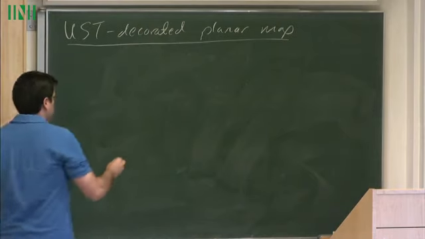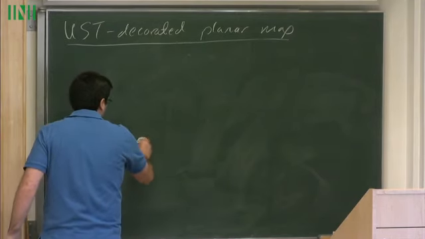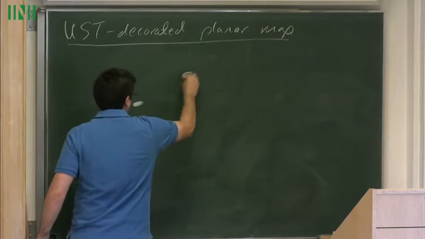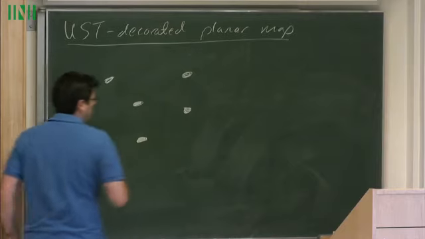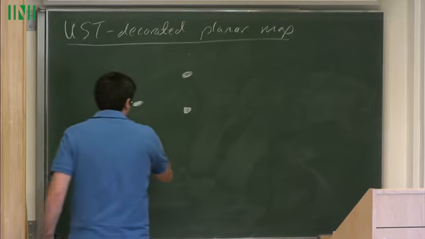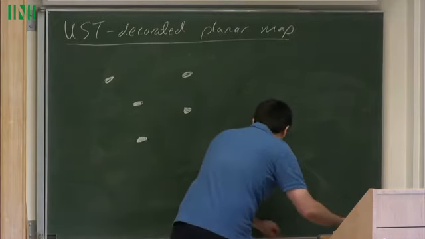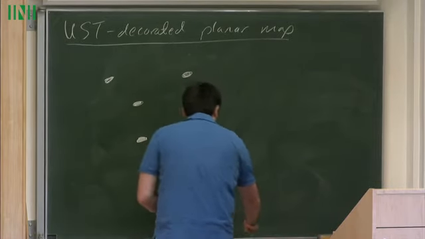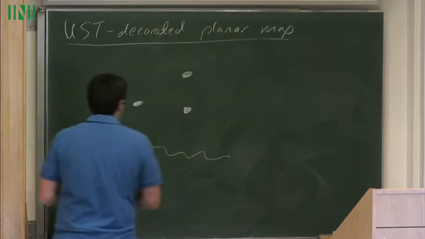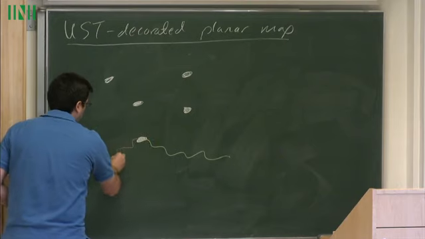You can pick some vertices in your map. Let's say I've picked these 5 vertices, and then what you can do is from each vertex in the map, you can draw the branch of the spanning tree and also the dual tree. Okay, so you're going to get a picture which perhaps looks something like this. I'm going to make the spanning tree branches in green and the dual branches in red.